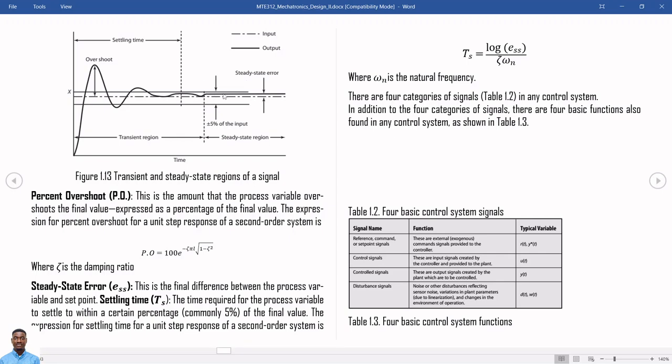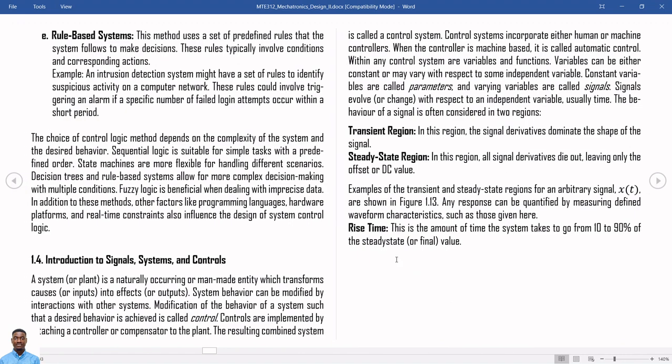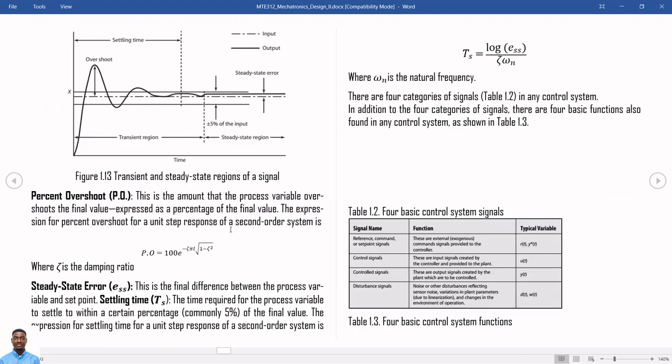The steady state value of this signal is here. So the amount of time it takes this signal to go from 10 to 90% of this value is what is referred to as the rise time of that signal.